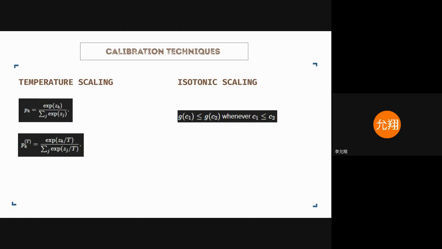Like in this formula, if g of c1 is less than or equal to g of c2, then c1 must be less than or equal to c2. In my task 6 implementation, I applied isotonic regression to the top-1 confidence of each model. We then rescale and normalize the full probability vector so that the reported probabilities more faithfully reflect the true correctness frequencies. Yep, next slide.